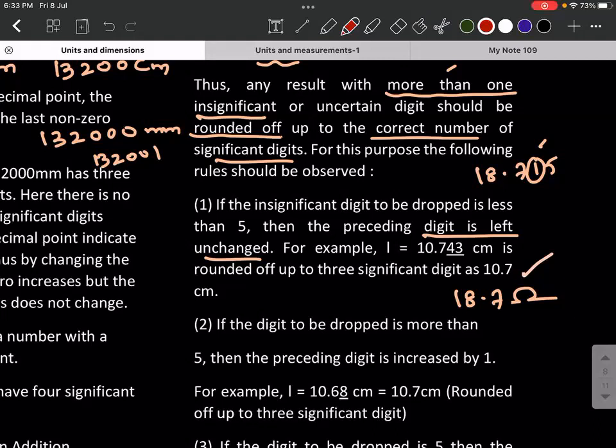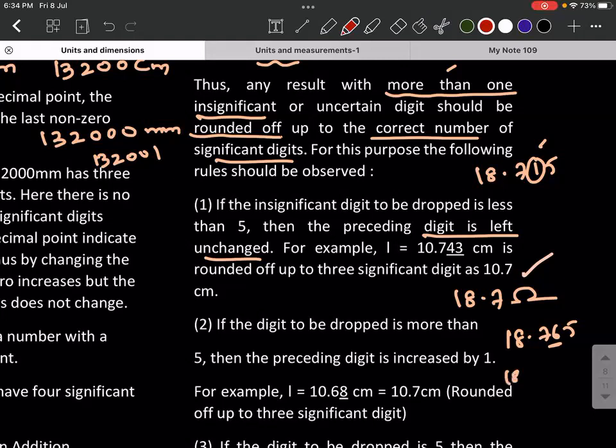Second one, now you can guess automatically. If the insignificant figure to be dropped is greater than 5, then what will you do to the preceding number? For example, 18.765. I want you to drop the numbers after 6. Before 6, you will see the preceding number. 6 is greater than 5, so you add 1.